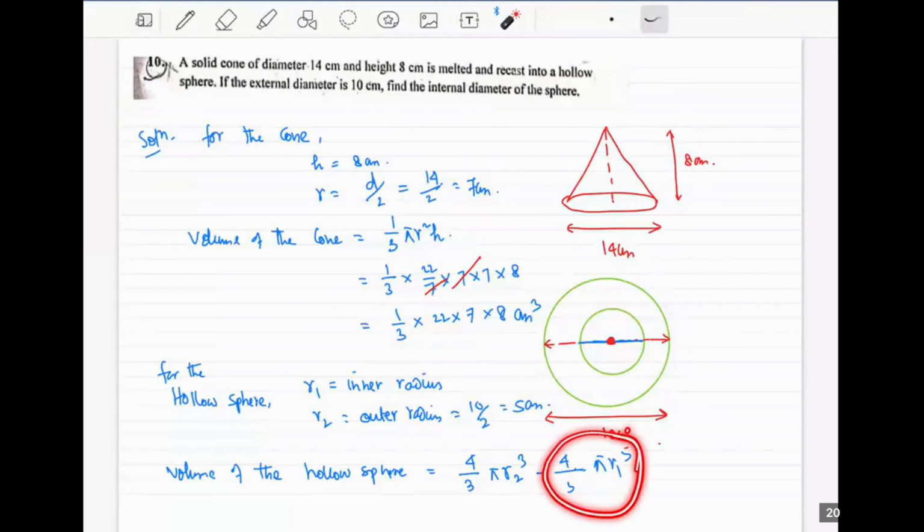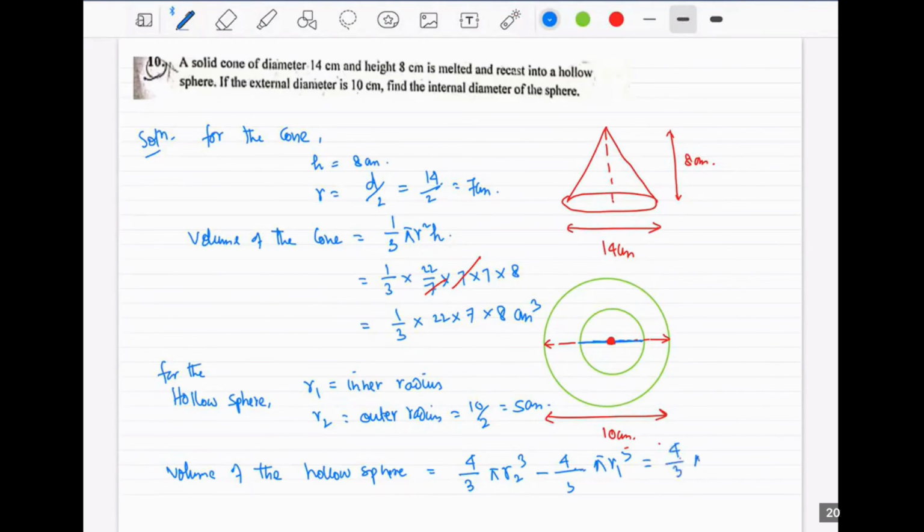And when you subtract this, we are subtracting this portion so that this portion right here is left. All right. So take out the common factor, whatever we can take out. We will have 4 by 3 pi and we will have R2 cube minus R1 cube left. Now let's put the values in the next step. For now, just copy up to here. We will come to the next step later on.